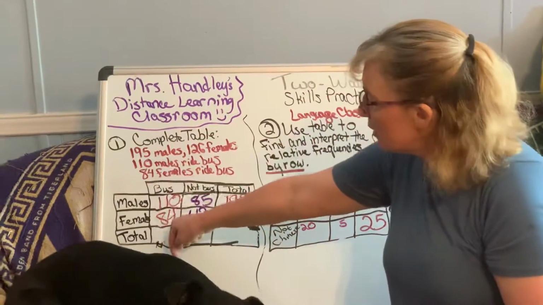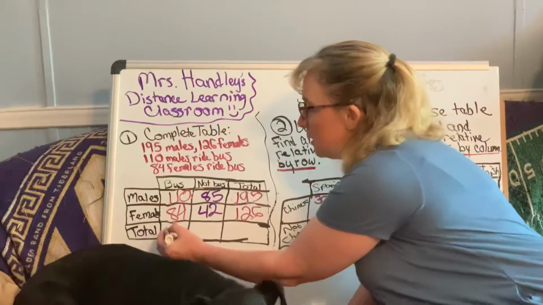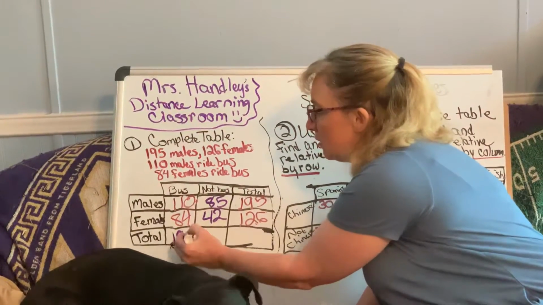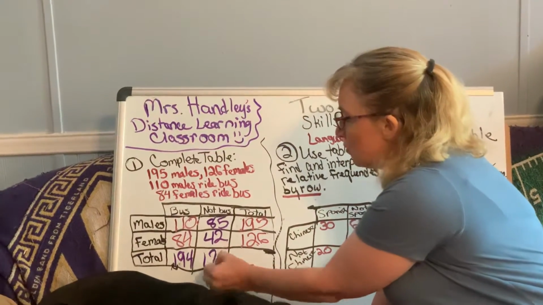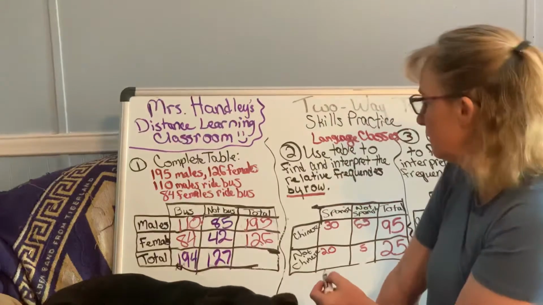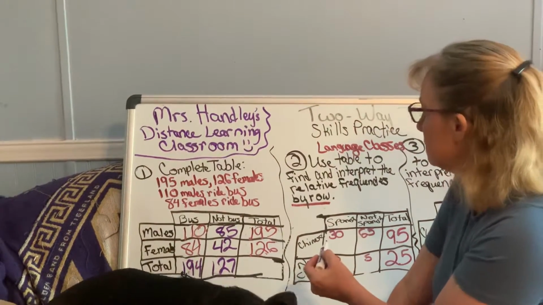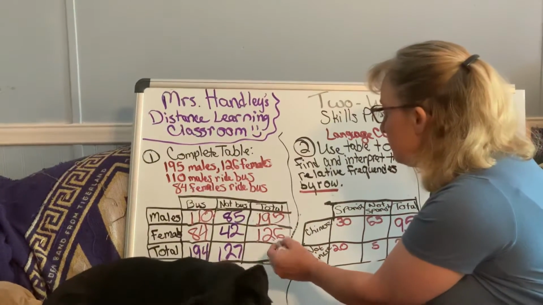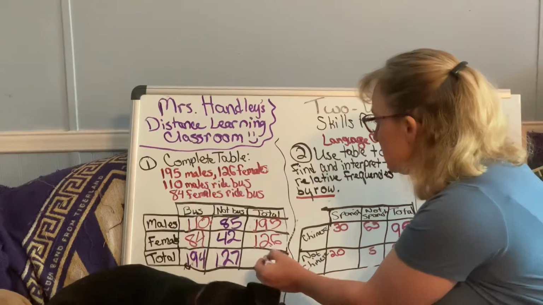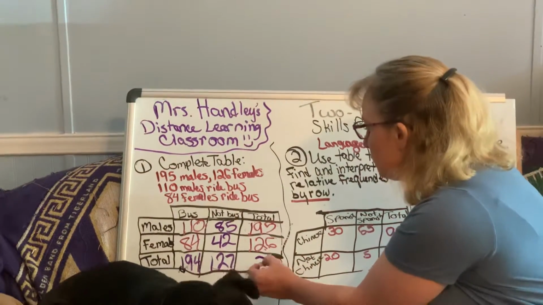And then all we have left is our total line. So we total up the columns and go down. So 110 plus 84 is 194. 85 plus 42 is 127. And 195 plus 126 is 321.